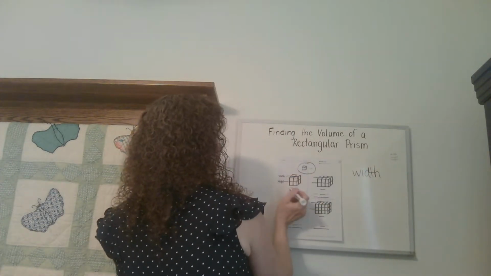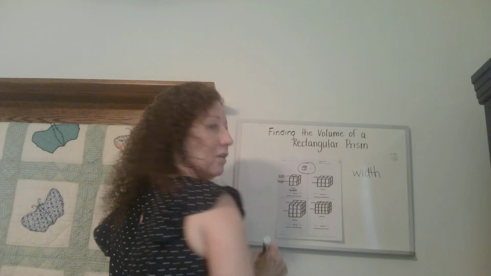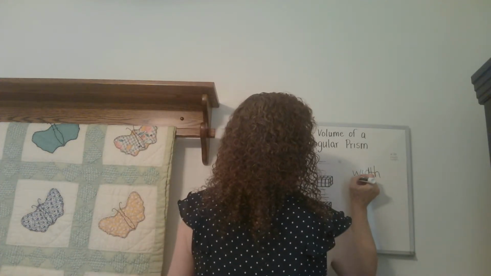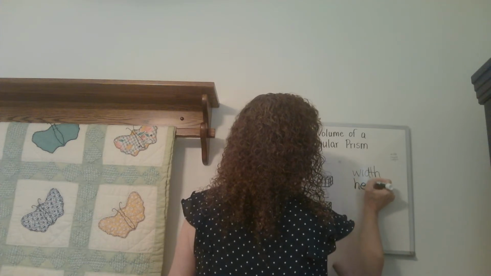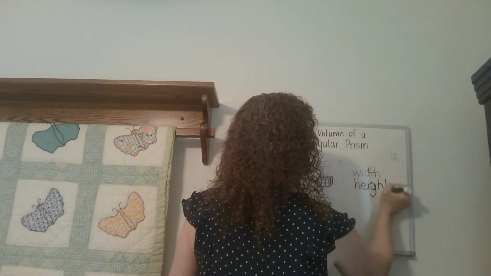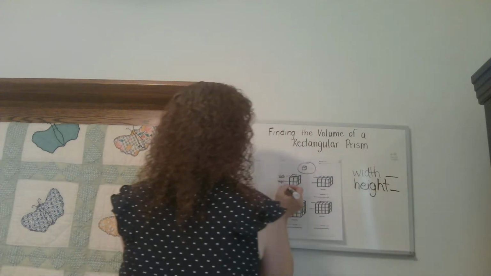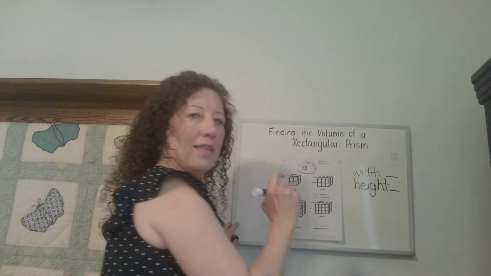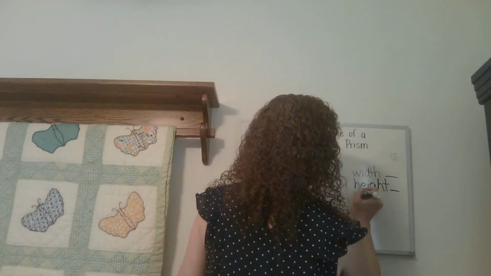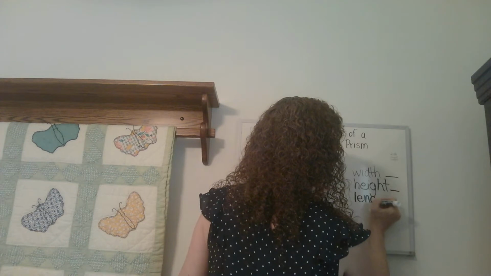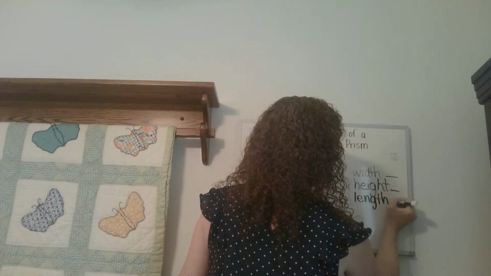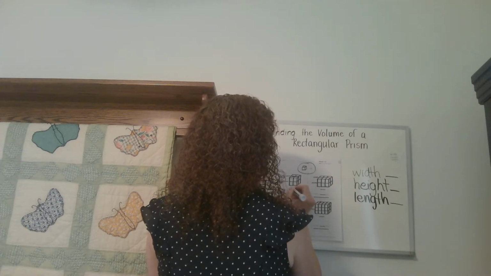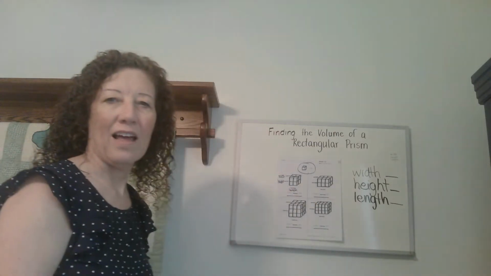You're going to write it here beside this line. Then you're going to write height. That's the second line right here. You'll write it by the second line. And then by the third line, you're going to write length. Or you can write it underneath that line if you want to.